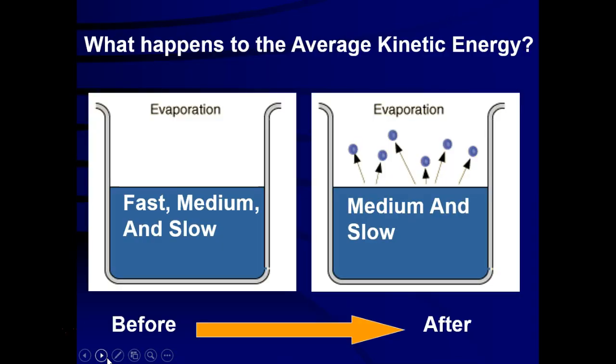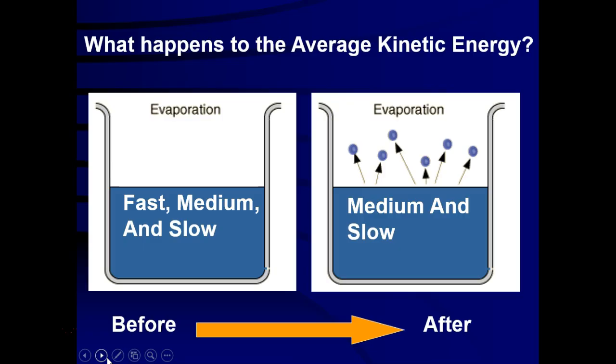If we think about a container of water, you have water molecules moving around in there. There are some that are fast, some that are medium, and some that are slow. And we measure temperature as the average kinetic energy. Now what happens when we have evaporation is that the ones moving the fastest are the ones that evaporate and leave.